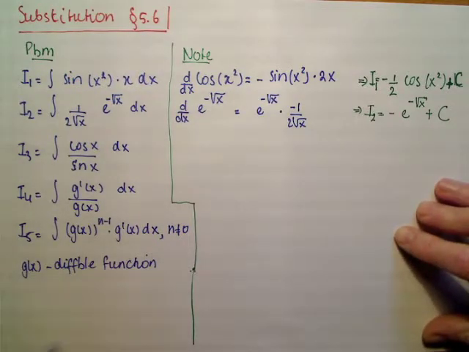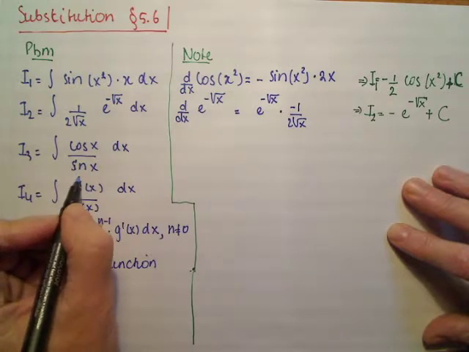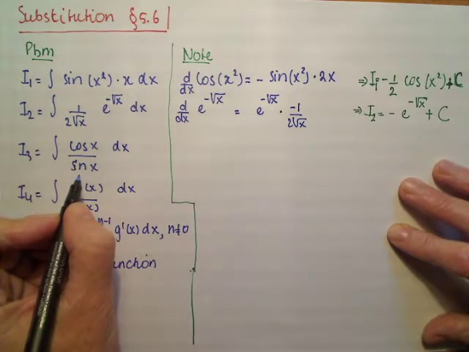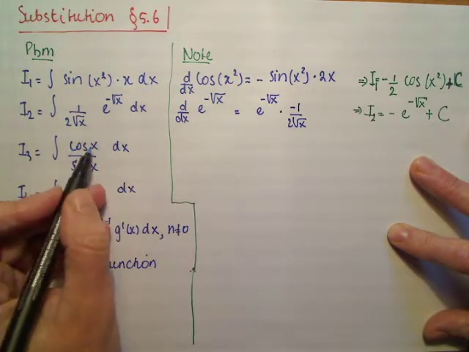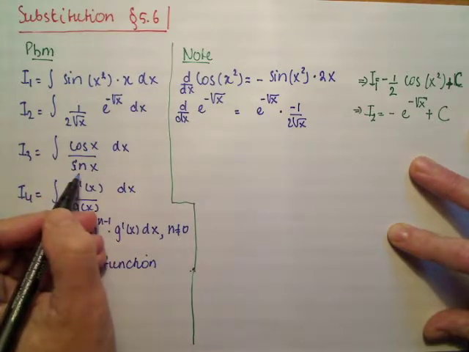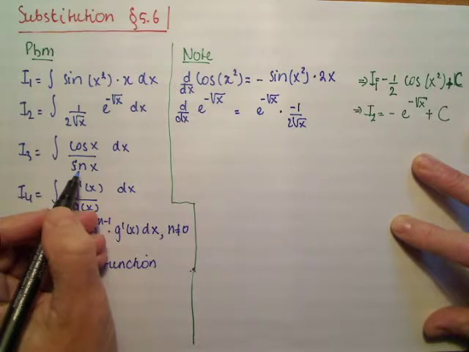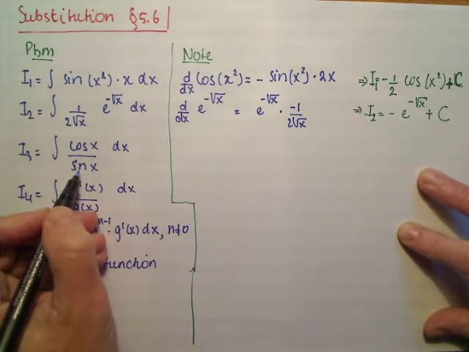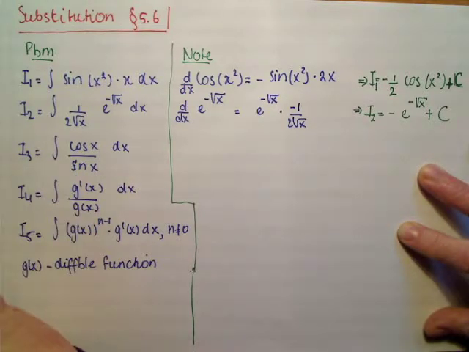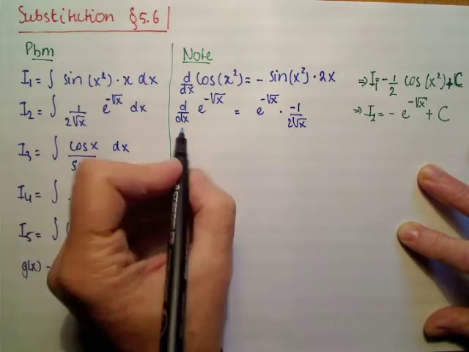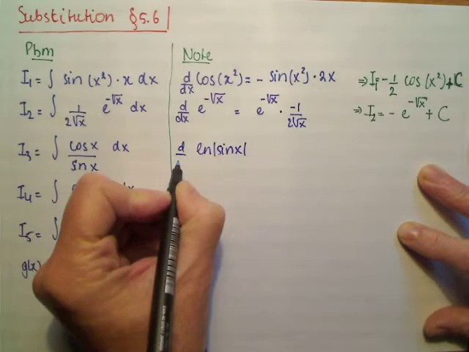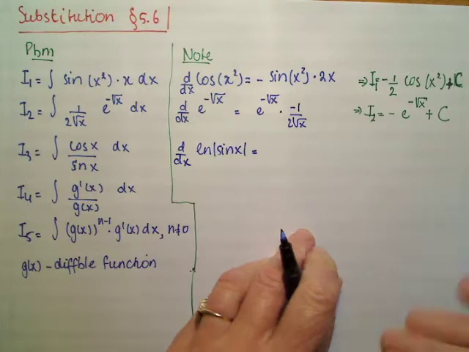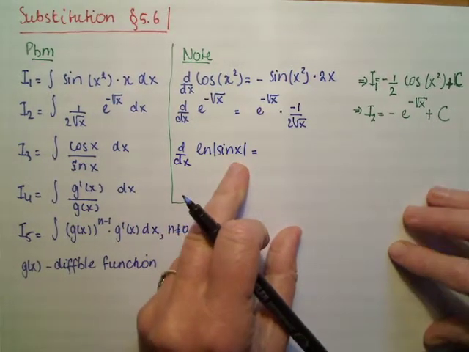Now, the primitive of the function cosine of x divided by sine of x is a little bit more complicated, but what we see is that this quotient is nothing but cosine of x multiplied by 1 over sine of x. So 1 over a function of x, and essentially the primitive should contain the primitive of the function 1 over u, which is the natural logarithm of u. So we get a natural logarithm of sine of x, and if we differentiate it, you have to distinguish the cases where sine of x is positive and sine of x is negative.